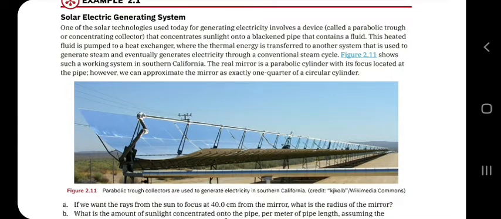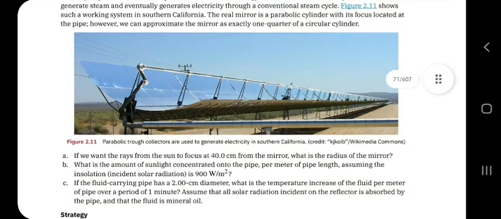The real mirror is a parabolic cylinder with its focus located at the pipe. However, we can approximate the mirror as exactly 1/4 of a circular cylinder. Letter A: if we want the rays from the sun to focus at 40 cm from the mirror, what is the radius of the mirror?